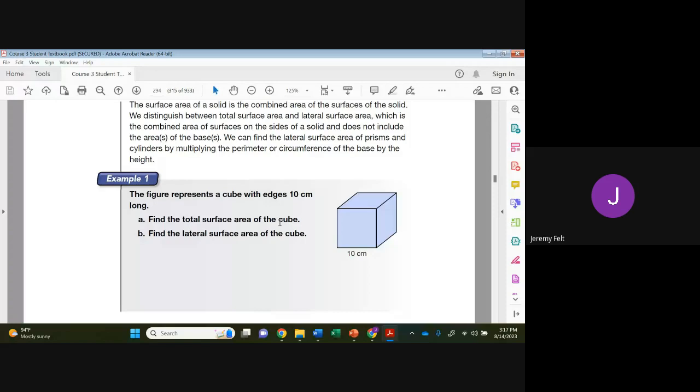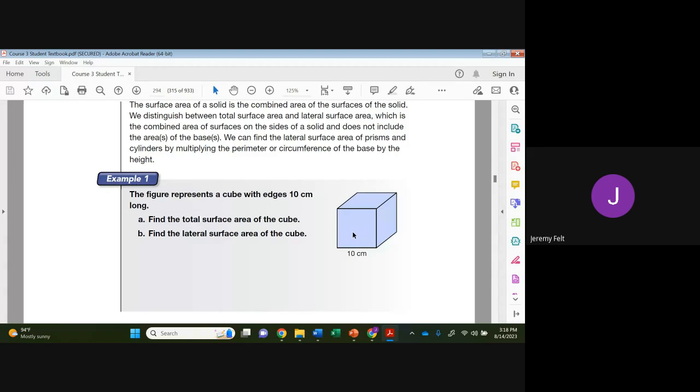What's nice with a cube is we have 1, 2, 3, 4, 5, and 6 sides, just like a dice. We have 6 sides. So if we do 10 by 10, that's 100 square centimeters. We could do that 5 more times, but we know they're all going to be 100 square centimeters, and then we would add those together. So surface area is still area. We're still in units squared.